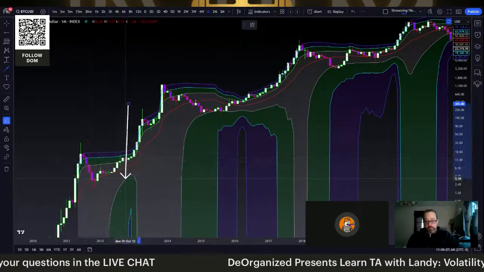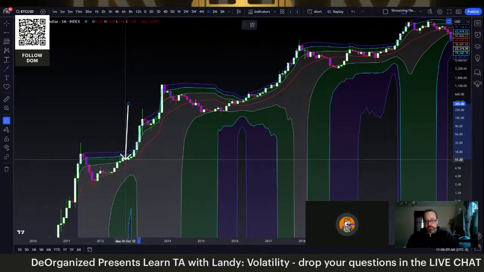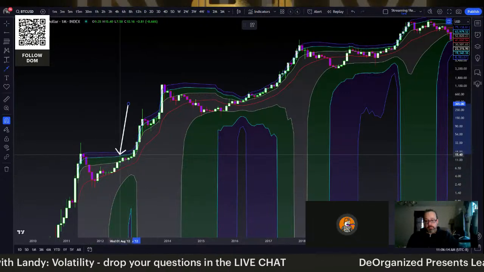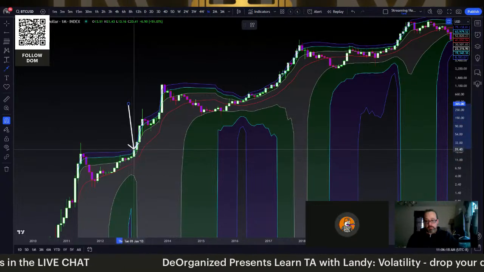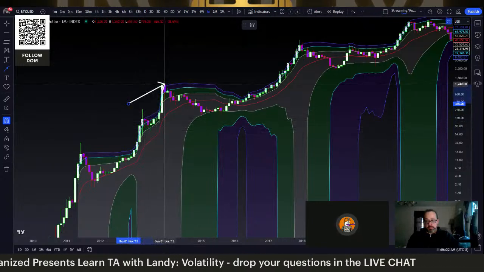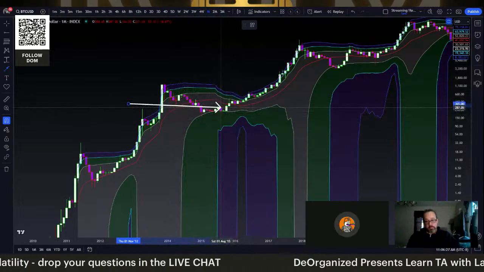We got a compression as price, referencing the 20 simple, was starting and ending in the same spot as it mean reverted. And then this big expansion right above the upper second and third, holds the upper first, goes up for another expansion, and then back into a big compression here, right?